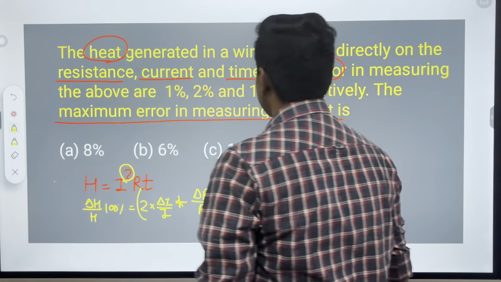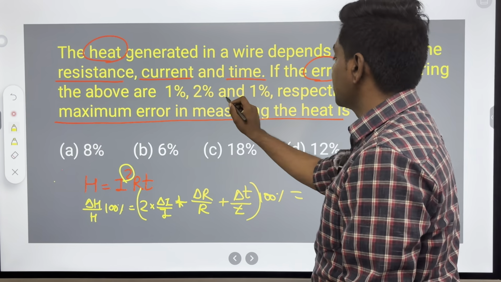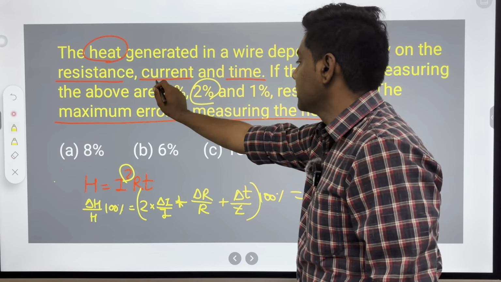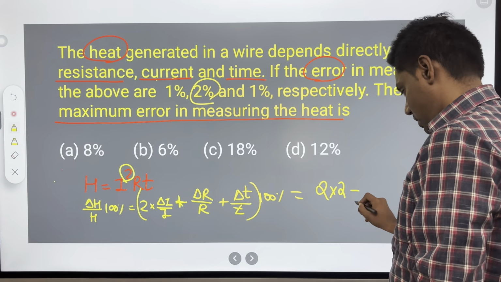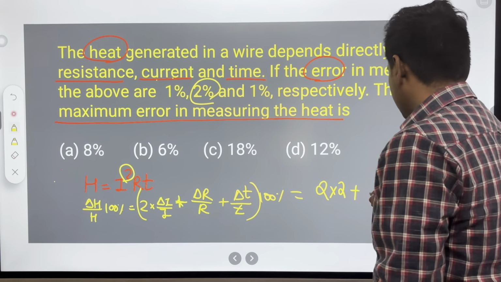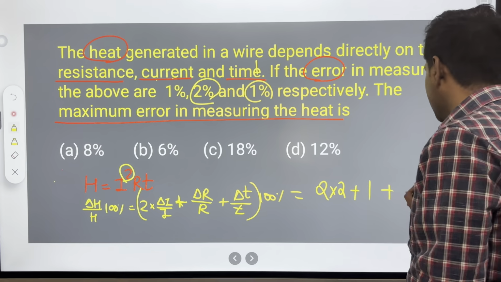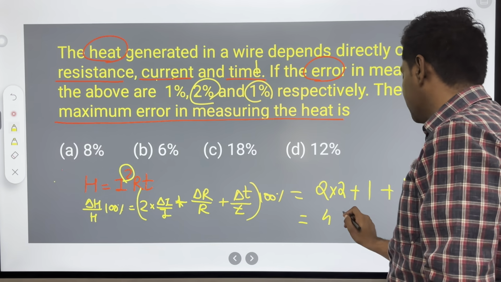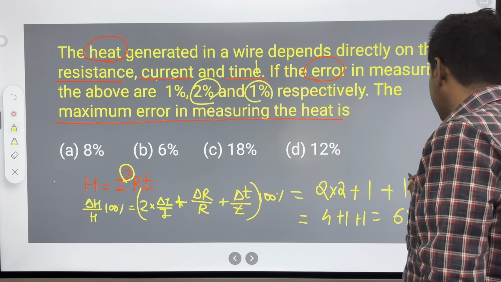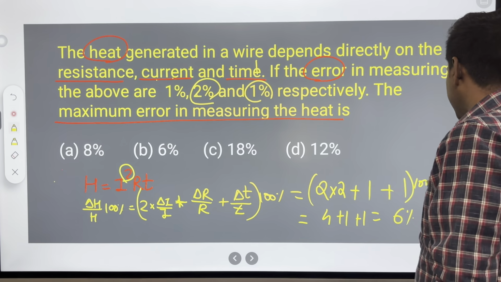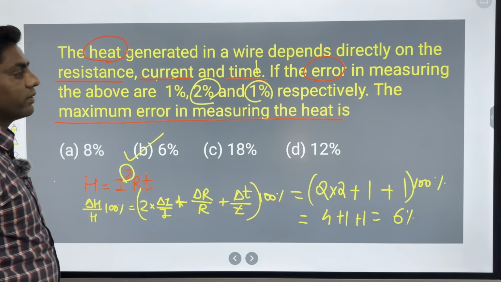After putting the percentages, the current is 2 percentage, so 2 into 2, plus resistance change 1 percentage, then time change 1 percentage. So 2 2s are 4 plus 1 plus 1, that is 6 percentage. In such a way we get the final answer. So option number B is the correct answer for the given example.